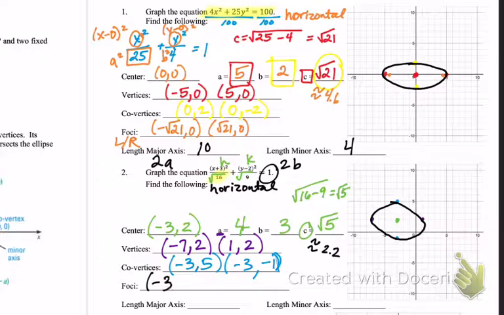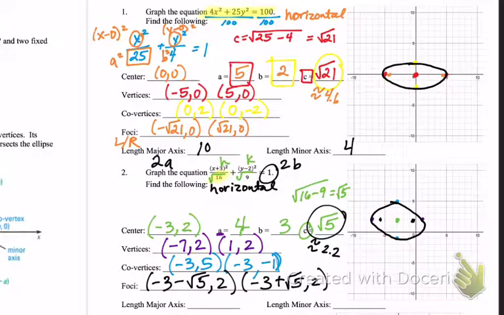So it'll be -3 minus square root of 5, 2, and -3 plus square root of 5, 2. So it's about 2.2, so I'm going to put a dot there and there. And all I did was I added and subtracted it to the x values because your foci are always going to be on the same line as your vertices, whatever the major axis is.